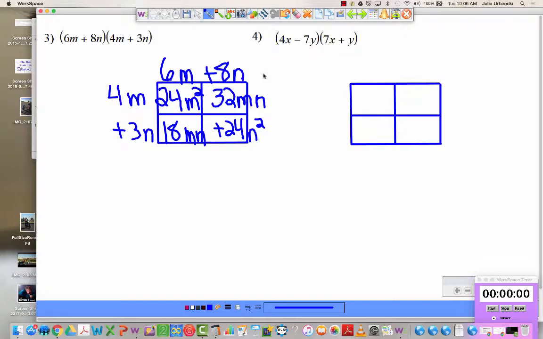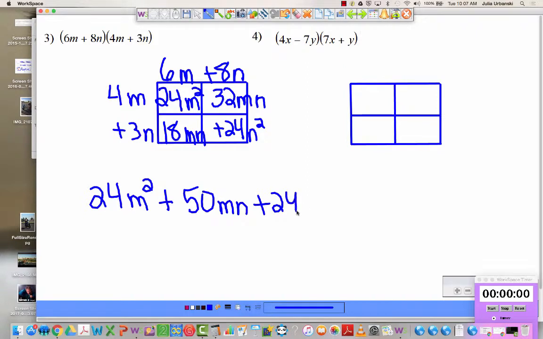And then you just write it in standard form. 24m squared plus, these are all positive, 32 plus 18, does that make 50? Thank you. 50mn. That's what both of those terms are. They have m times n. And then the last one is 24n squared.